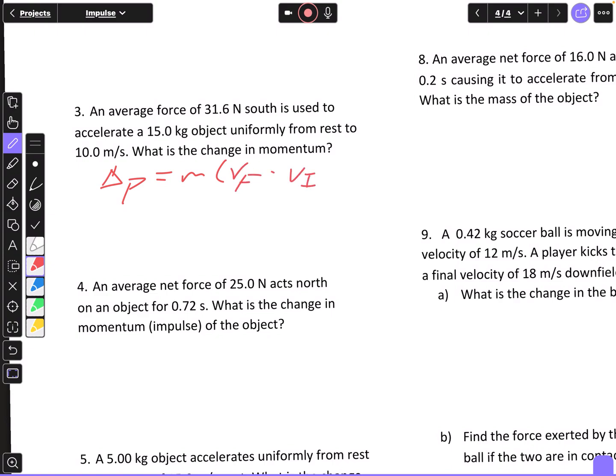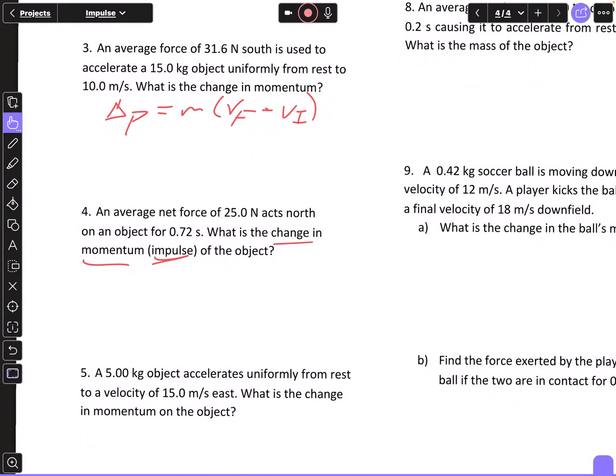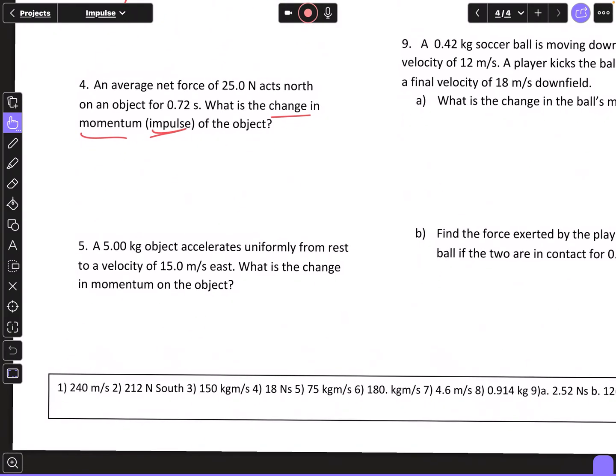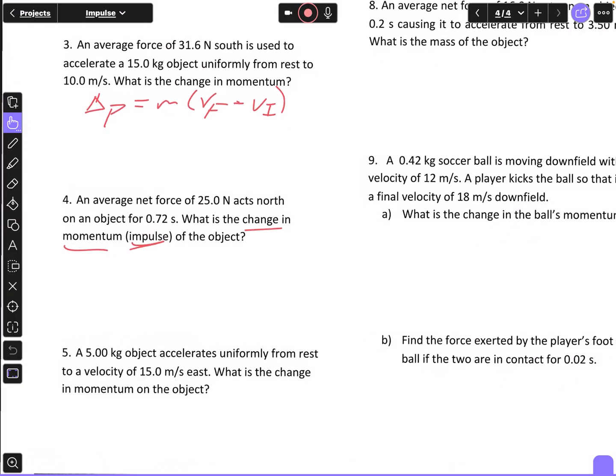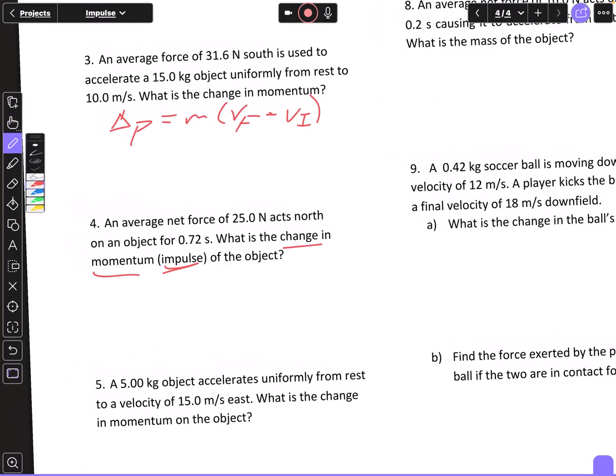That's what the change in momentum is equal to. Also, the change in momentum is the same thing as impulse. That's why impulse can be equal to the change in momentum. So several of these problems ask you for the change in momentum, where you're going to be using this equation from yesterday.